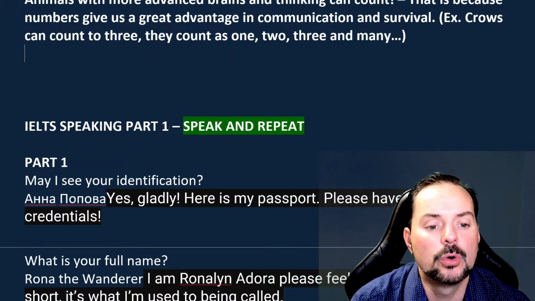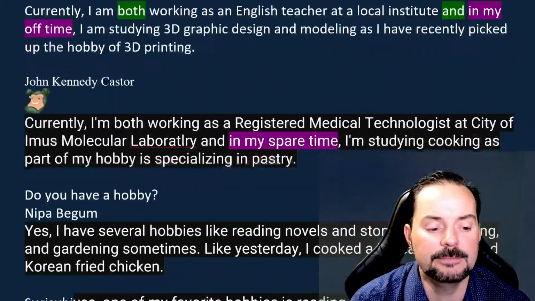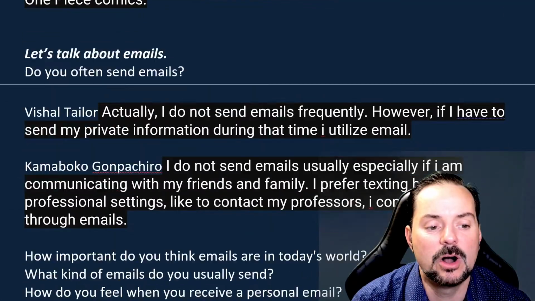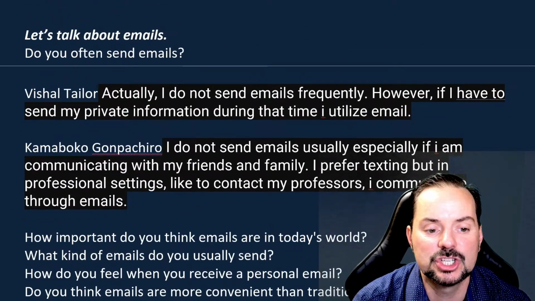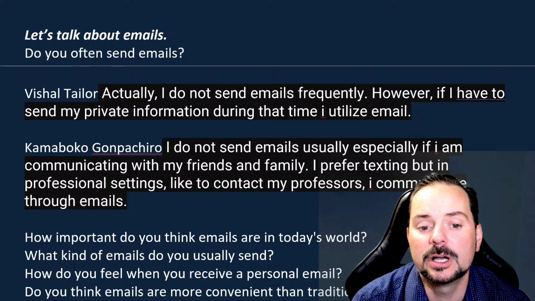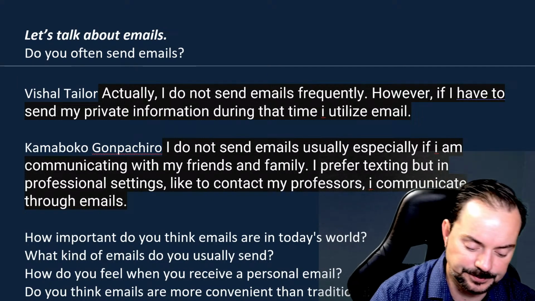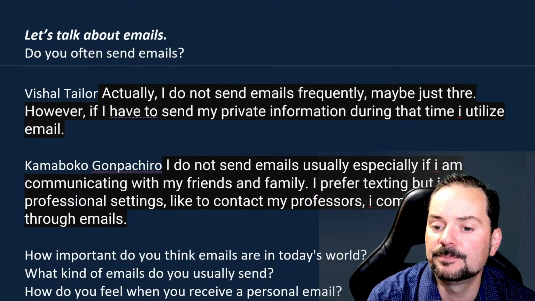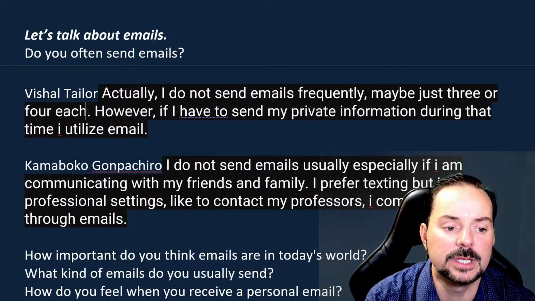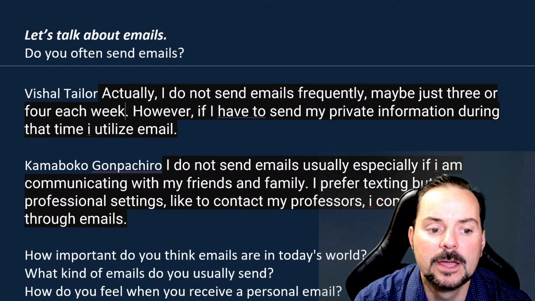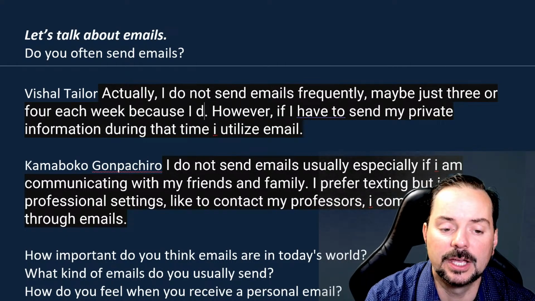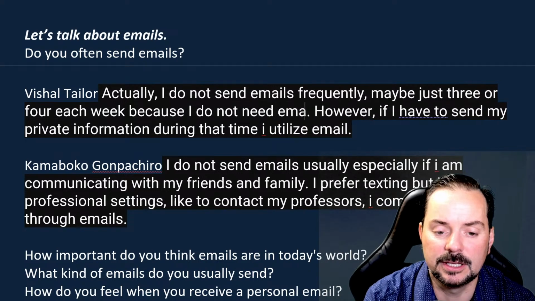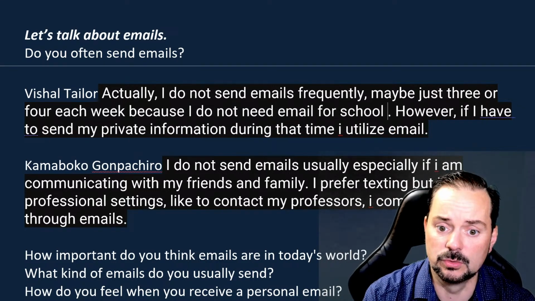Okay, so use numbers. Okay, so if we go back to this, how often or do you often send emails? Vishal, you should say, actually, I do not send emails frequently. Maybe just 3 or 4 each week. Because I do not need email for school or work.